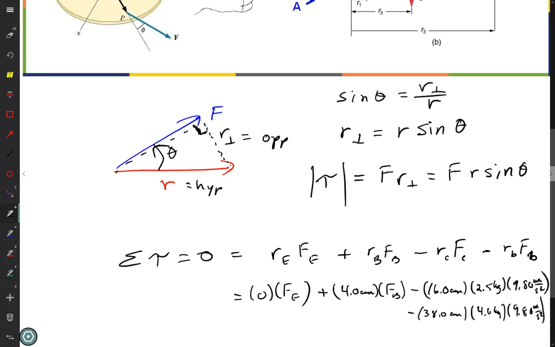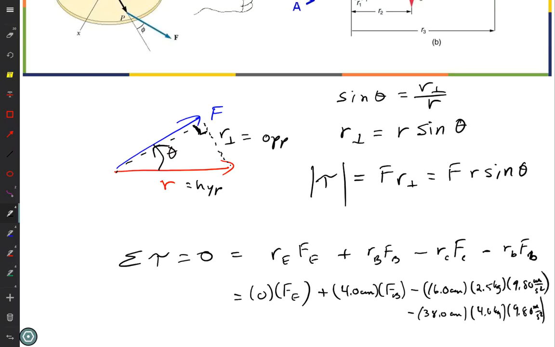Now, if you look at this, the discerning mind says, I have centimeters times kilograms, meters per second squared, or centimeters times newtons. That's kind of mixed units, right? But when I solve this for force B, I'm going to divide everything by centimeters, and so the centimeters are going to cancel out. As long as I have the same units for all of the distances and the same units for all the forces, it doesn't matter if they're mixed.